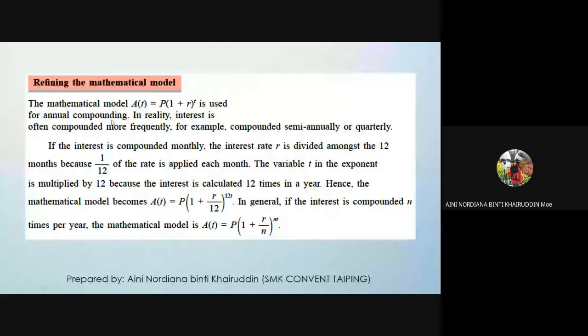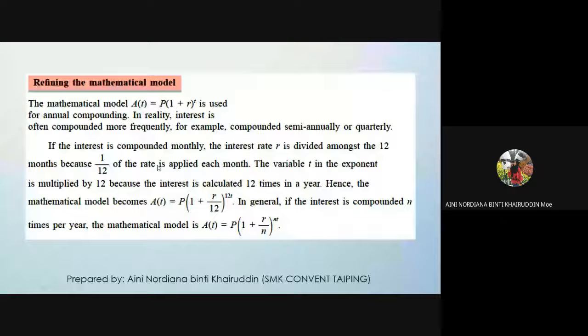In reality, interest is often compounded more frequently. For example, compounded semi-annually or quarterly. So if the interest is compounded monthly, the interest rate R is divided among the 12 months because 1/12 of the rate is applied each month.